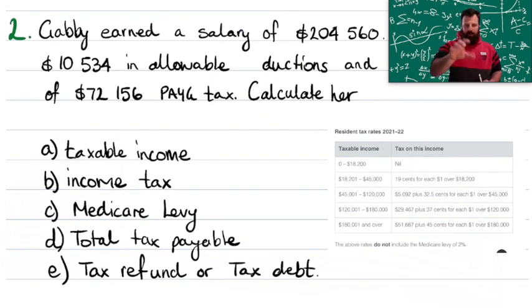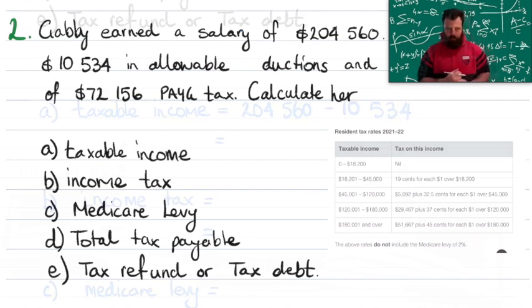Remembering, these questions were very similar to what we did last lesson when we calculated income tax, and there you can see the income tax table as well. The only difference here is that in part E, we've then got to make that final step. Does she get a tax refund, or does she owe the government more tax?